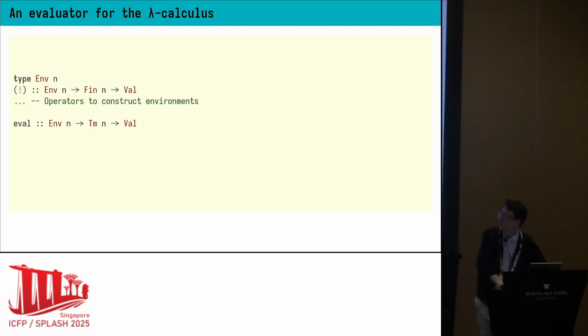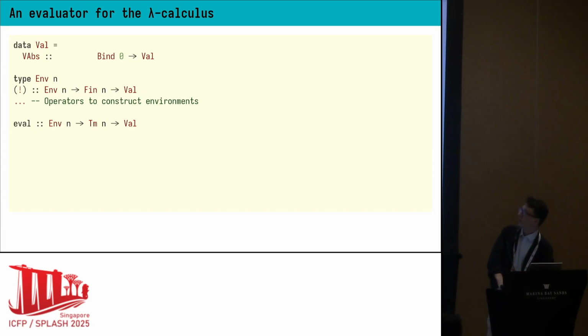The last thing I need to define now is our values, and because this is a pure Lambda calculus, we have only one kind of values, abstractions. And I like all of my values to be closed, so rather than saying that the body of the abstraction can contain any number of free variables, I'm going to use the Bind zero type, meaning that there are no free variables in it.